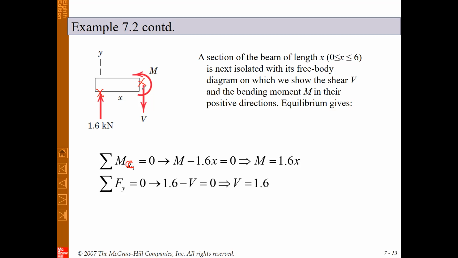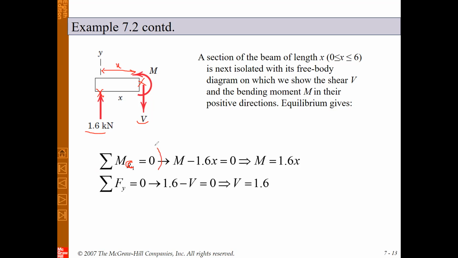So when you write the moment about this point, the shear force V will not appear in the equation because it is located exactly on the cut point. The 1.6 kilonewton force creates a moment equal to the force multiplied by its arm, and the arm is equal to x. So it will be M minus 1.6x equal to 0, and the direction is up to you.